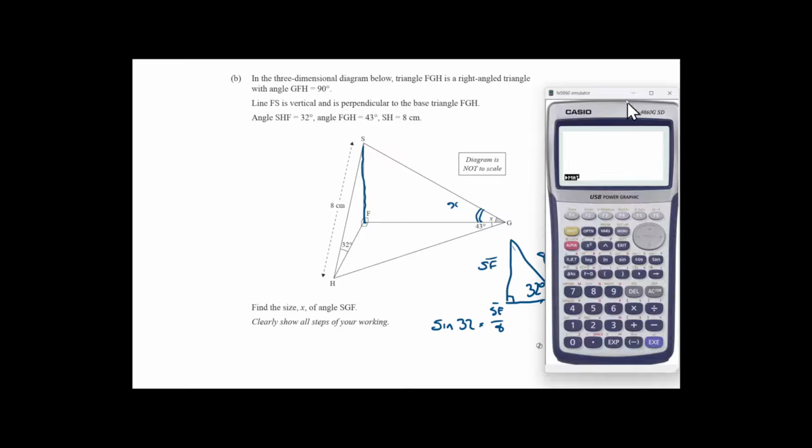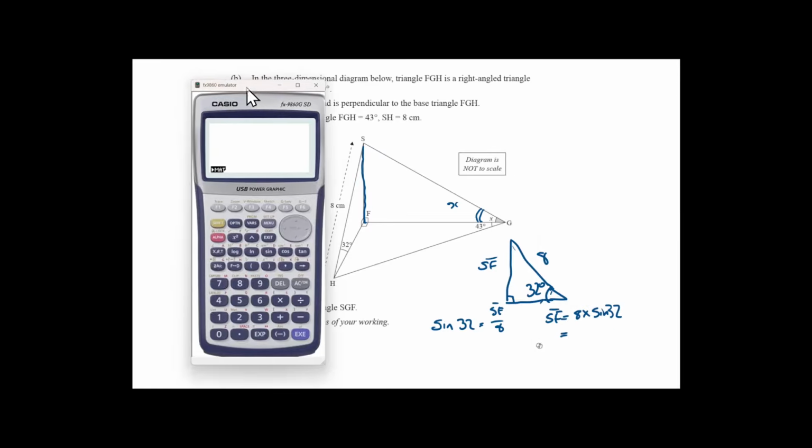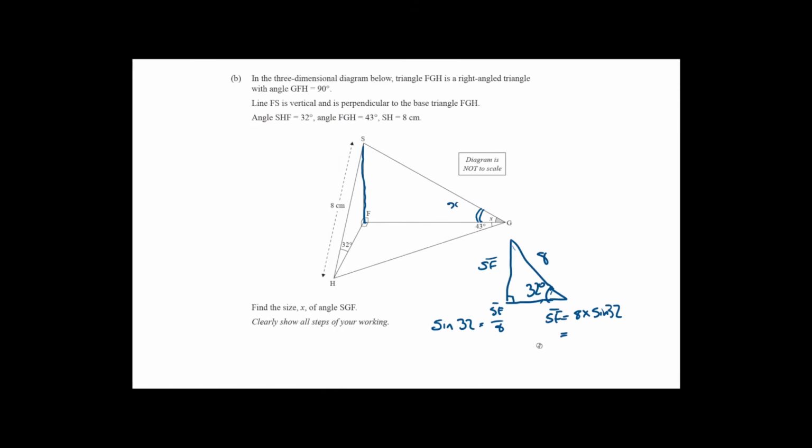Grab your calculator, make sure it's in degree mode, which I just did. So sine of 32 times 8 is 4.23, we'll say 4.24. Okay, so this is 4.24. Let's put that on there.